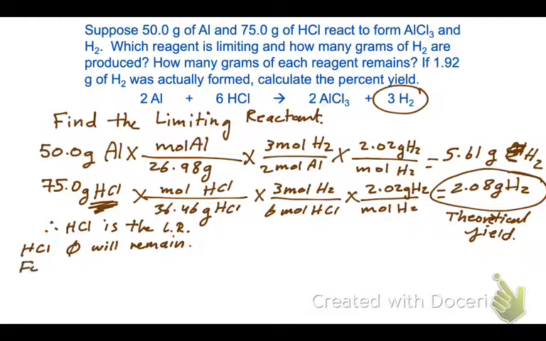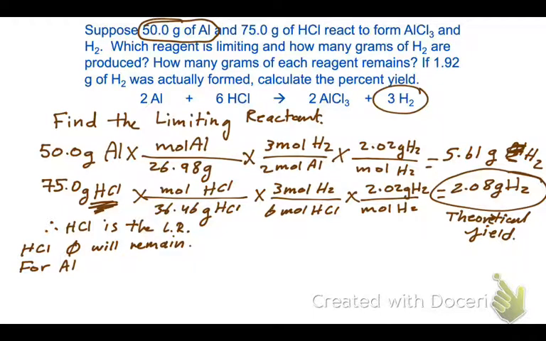Now, for aluminum, I need to know how much did react. Who is going to control how much of those 50 grams of aluminum reacted? How do I know how much of it did react? Hydrogen chloride, the limiting reactant, controls how much of it.